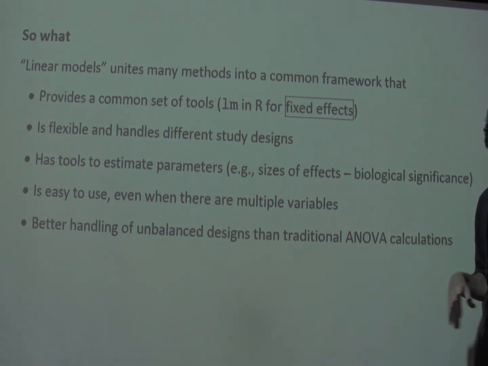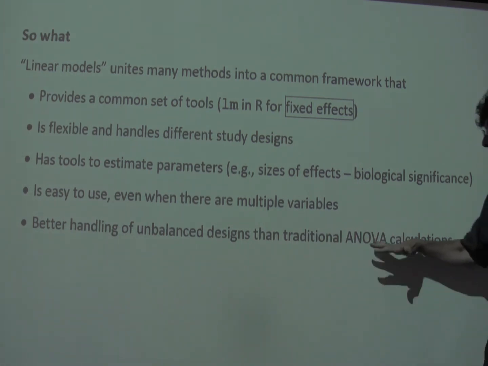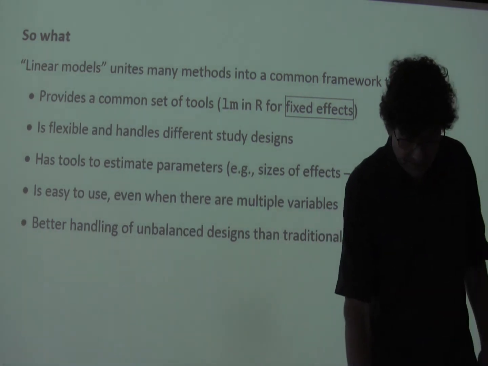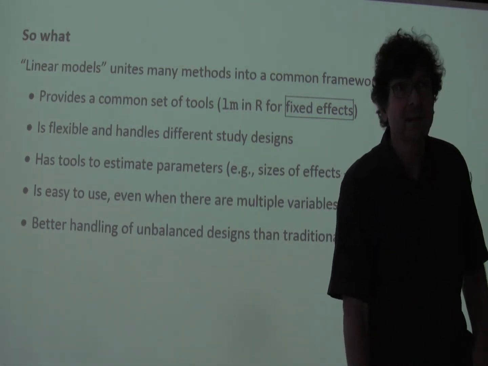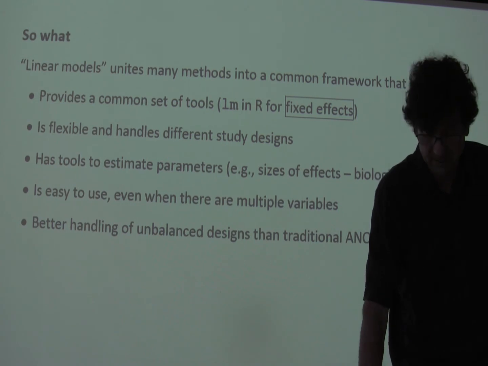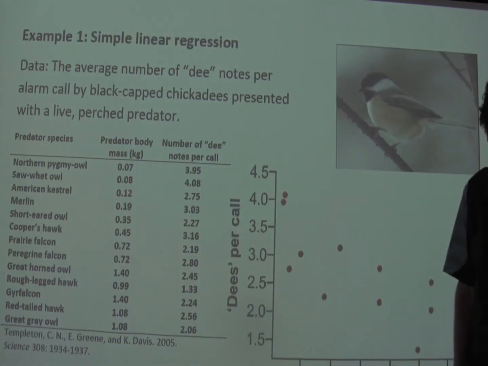In the old days, we used to have formulas to calculate effects and elements for ANOVA tables, but we don't do that anymore. That's what I learned when I was a graduate student. We don't do that anymore. All these traditional ANOVA calculations, they don't work for unbalanced designs anyway. So linear models provides you with a general set of tools.